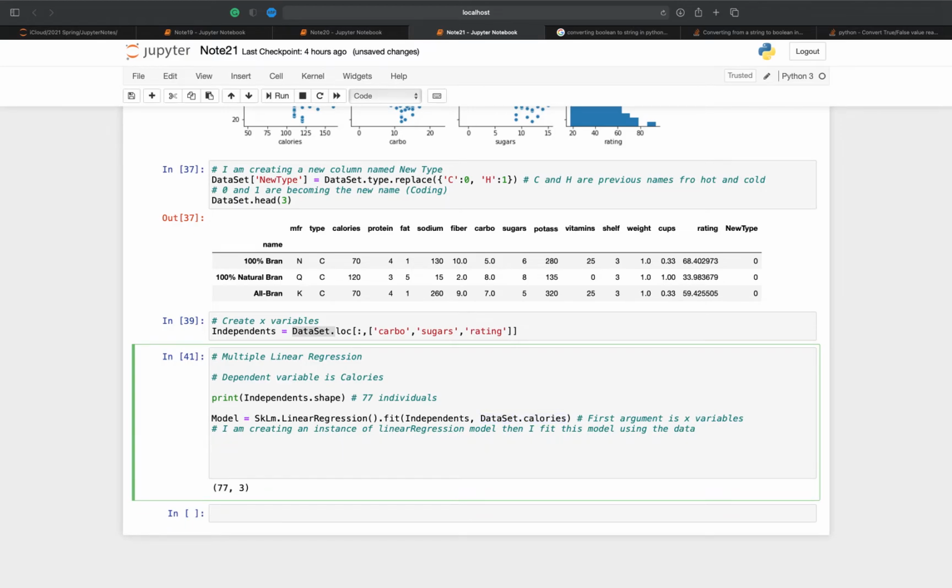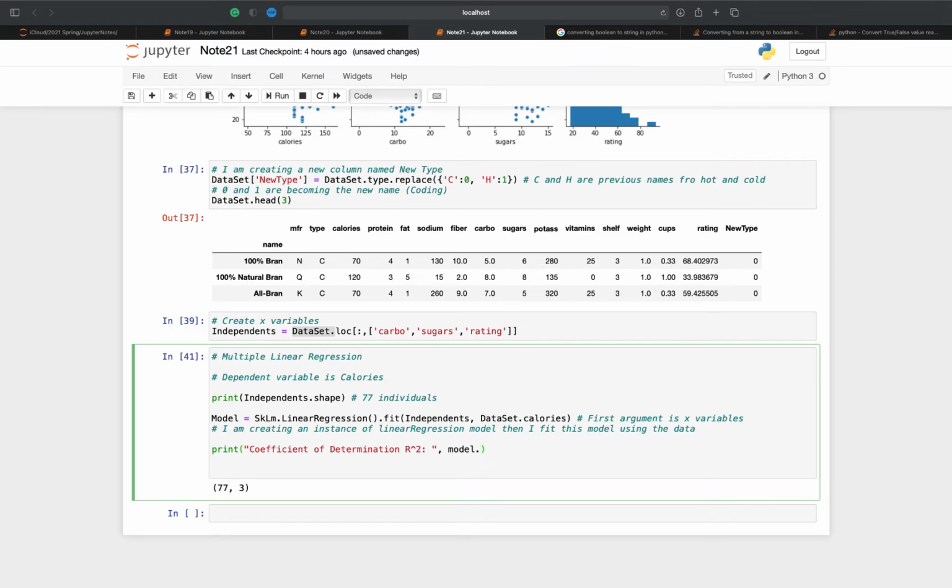Okay, so what I'm going to do, I'm going to print the coefficient of determination. What is that? R squared, right? R squared. And then what is the method for that?